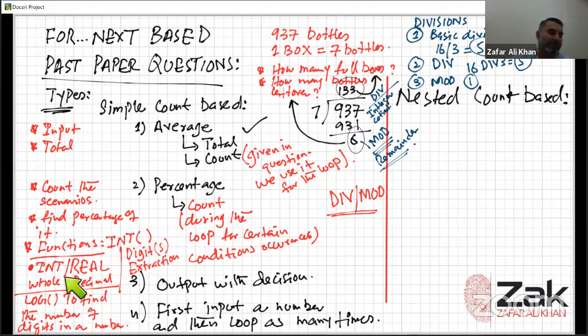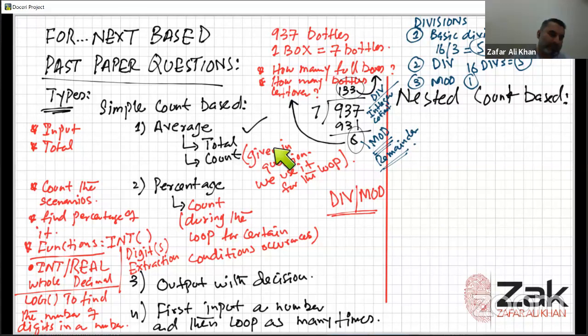The integer function is sometimes used to find if the number that is entered is a whole number or not, and sometimes it is used for digit extraction. We have a couple of questions in every category. We will discuss those. And then we had the mathematics log10 function. We are going to use this function for finding the number of digits in a given number.